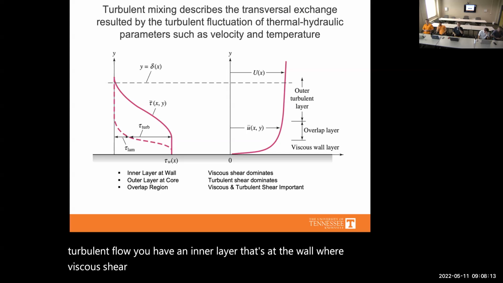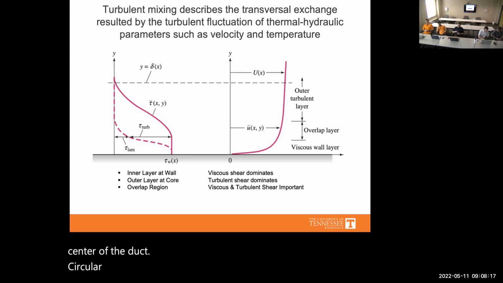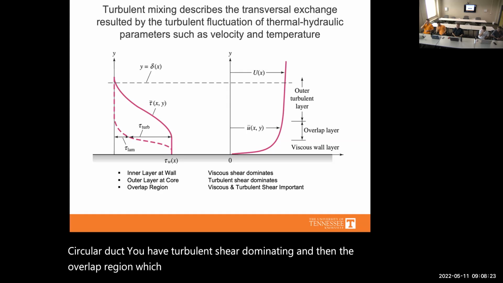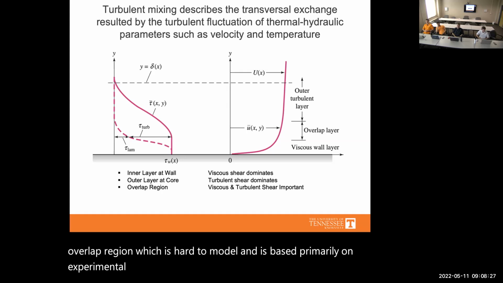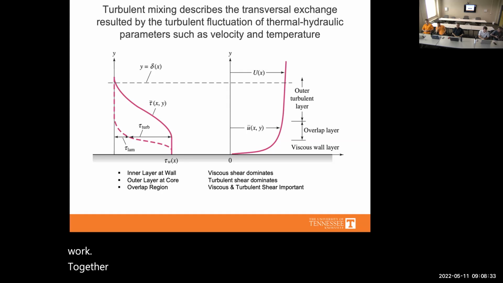In the outer layer, towards the center of the circular duct, you have turbulent shear dominating. And in the overlap region, which is hard to model and is based primarily on experimental data, you have both viscous and turbulent shear working together, and they're both important in that layer.